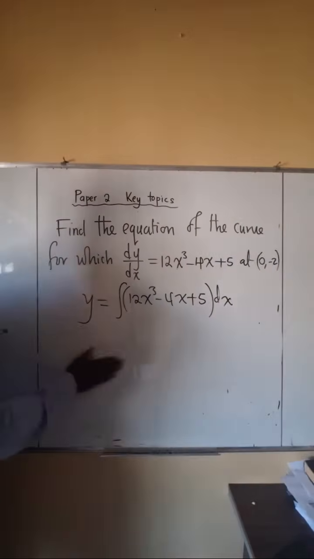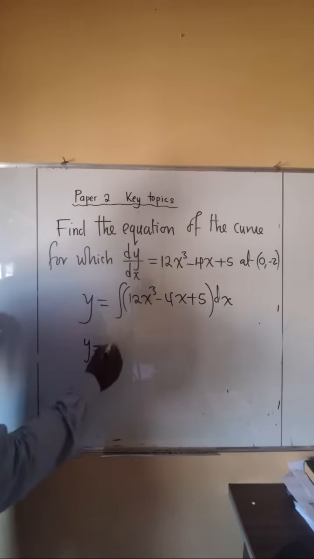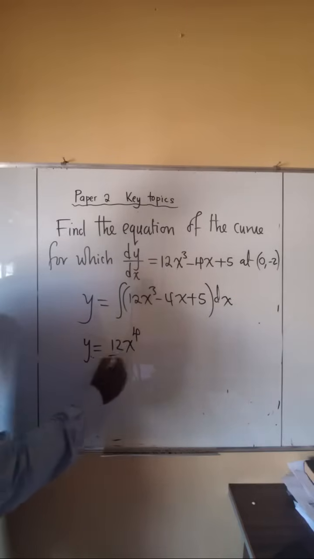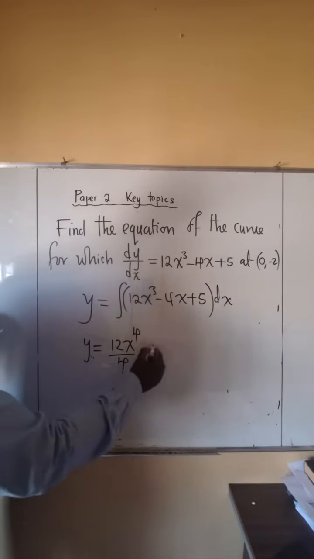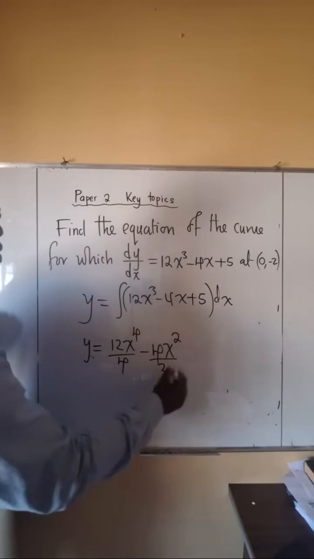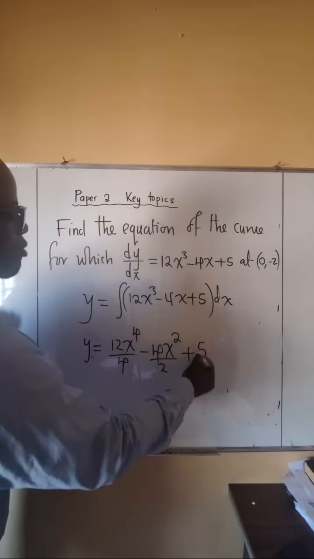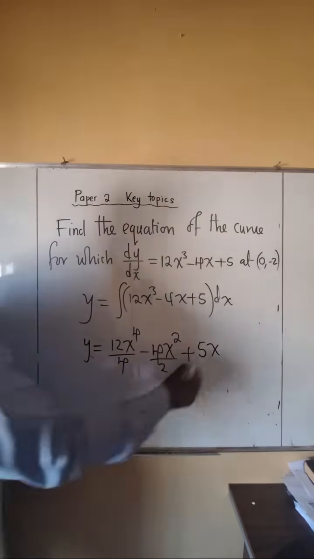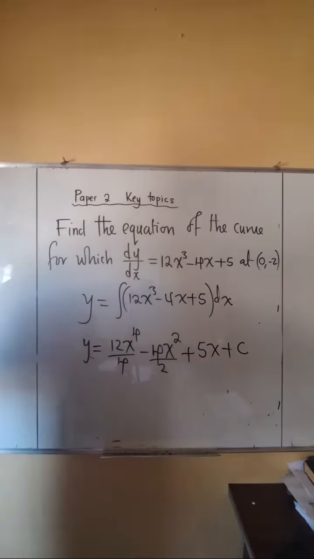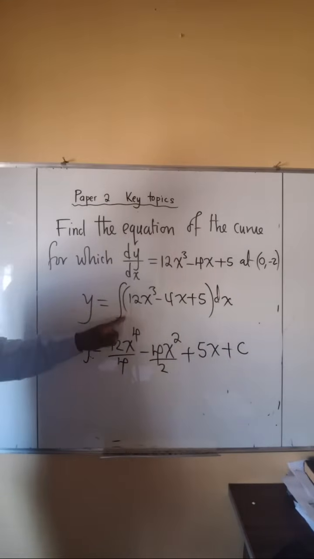So this will simply be y is equal to, here it will be 12. Remember what we are doing, adding a 1. So this will be 12x^4 over 4 minus 4x^2 over 2. Where there is a constant, 5, we say 5x. This time around, we're going to say plus c. The reason why I'm saying plus c is because I don't have the numbers here. You see the limits?